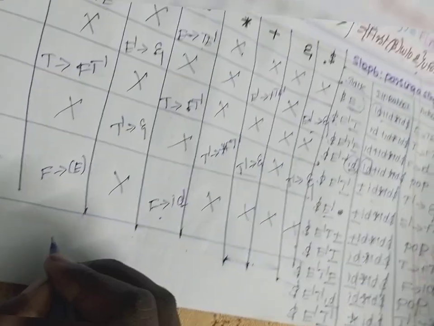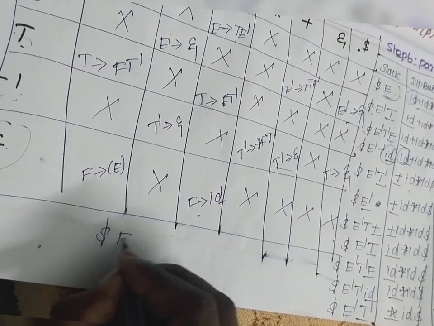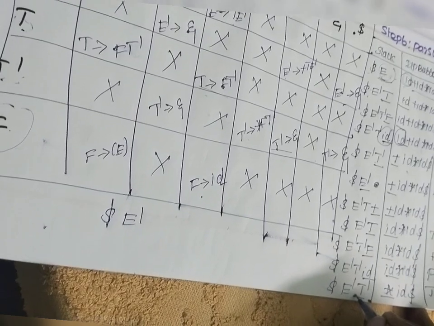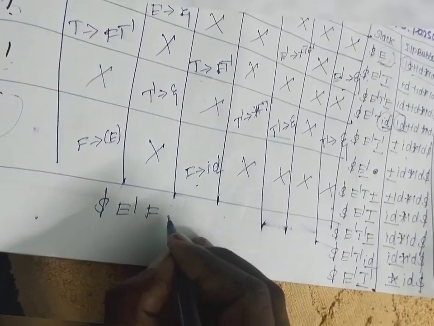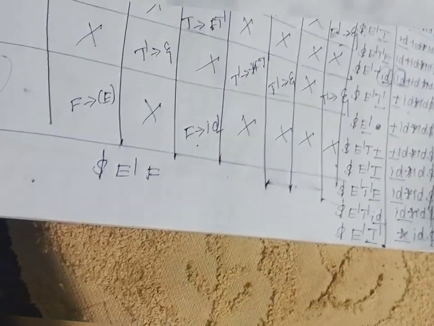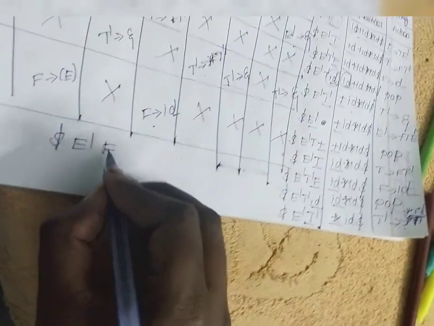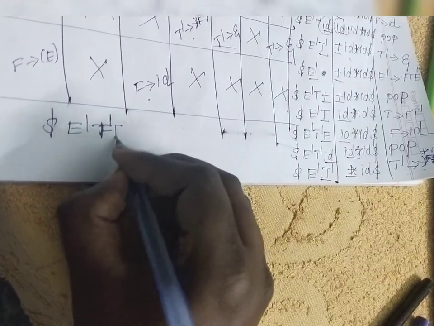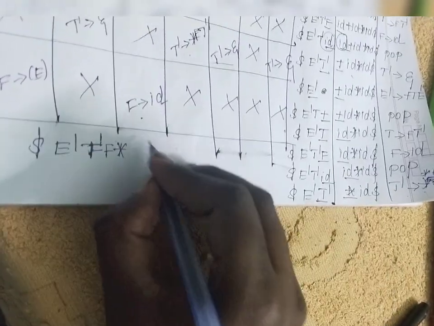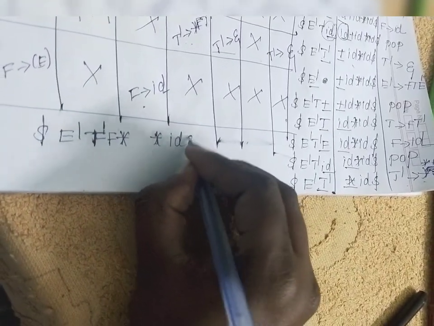Then you have to do the dollar symbol E dash. You have to substitute the T dash with the reverse order, that is F star F T dash. If I am filling that, you get T dash F star. Here will come star ID dollar symbol.